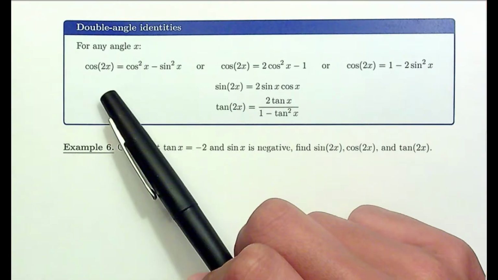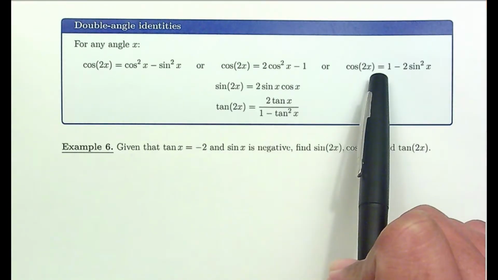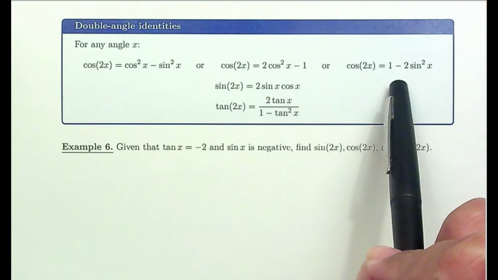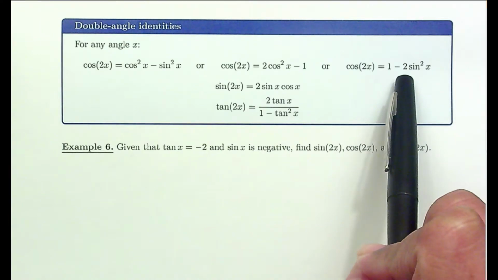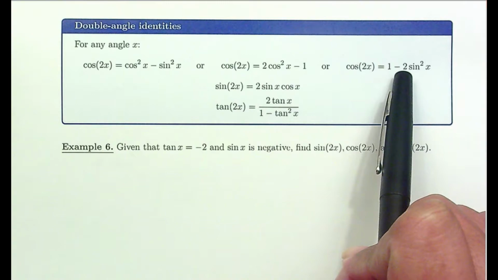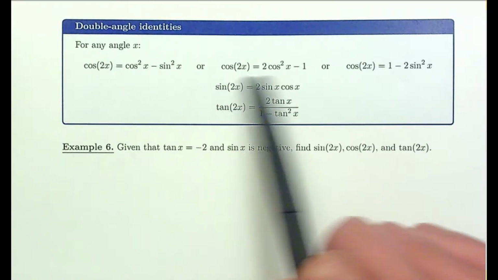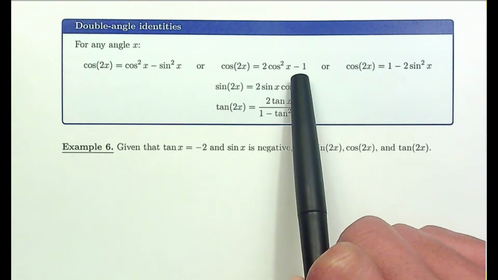The cosine of a double angle has three different identities that could be used based on convenience, whatever we have. So for example, if we know the cosine but not the sine, then I will use this one because it only uses the cosine and not the sine.